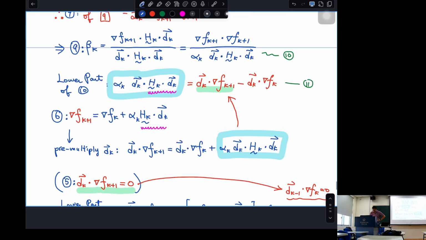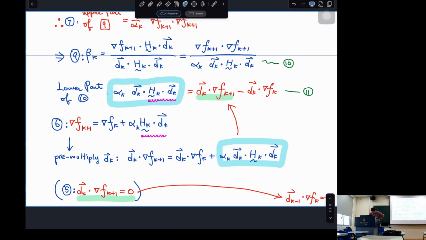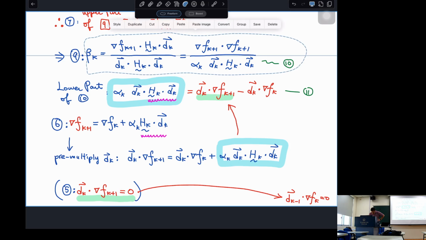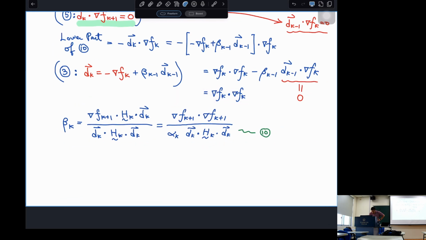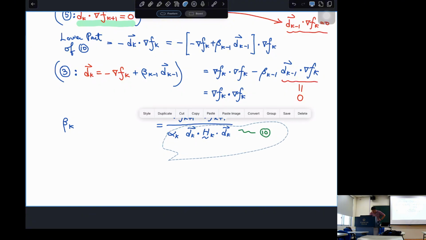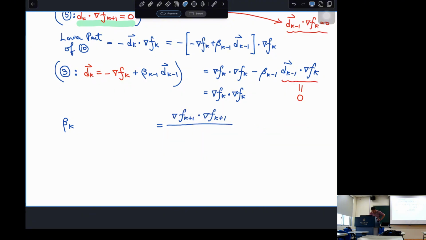Where is 10? 10 is right here. Copy it, paste it here, and then get rid of these. Delete, and then delete, and then copy.